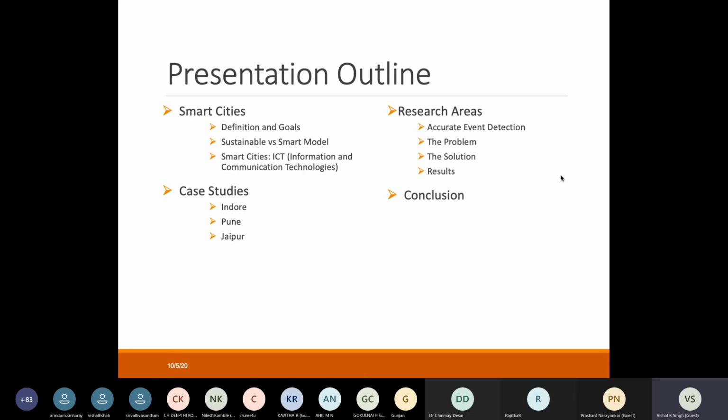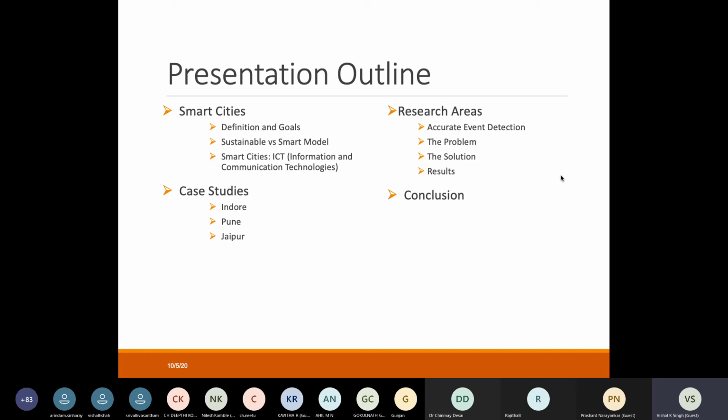After a brief introduction of all these building blocks of IoT and brief discussion about sensor networks, I will discuss the concept of the smart city. We shall see the general goals of a smart city and discuss the important differences between the sustainable model versus the smart models.